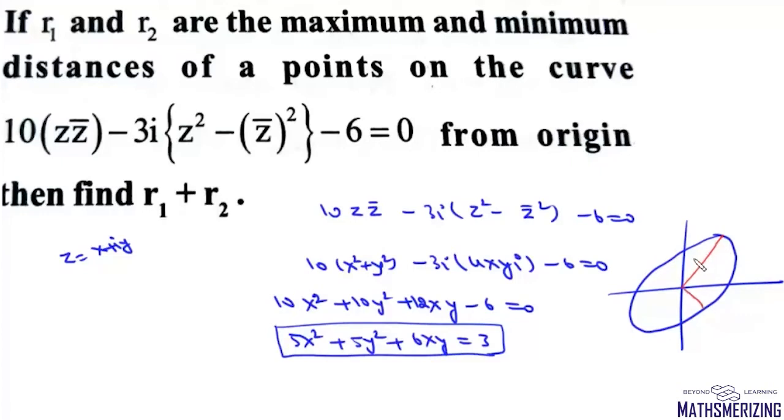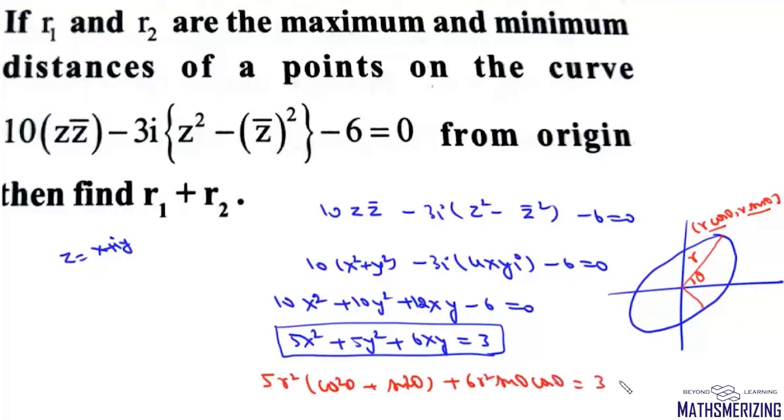So what we'll do is, let any point which is at a distance r and at an angle theta be expressed as r cos theta and r sin theta. So we'll put x as r cos theta and y as r sin theta. Then we'll get 5 r square (cos square theta plus sin square theta) plus 6 r square sin theta cos theta, and it'll be equal to 3.